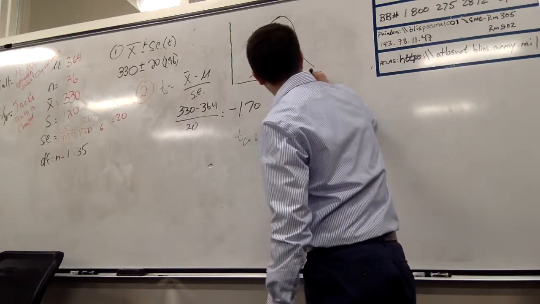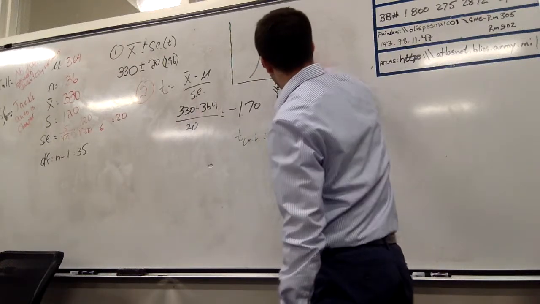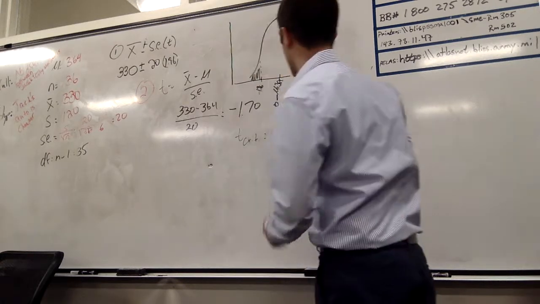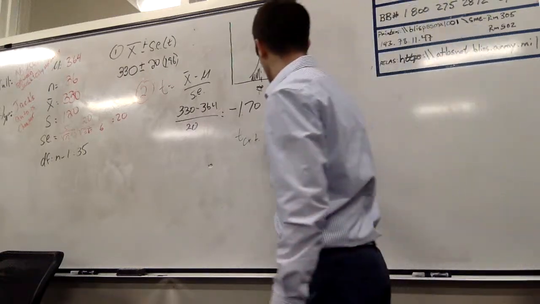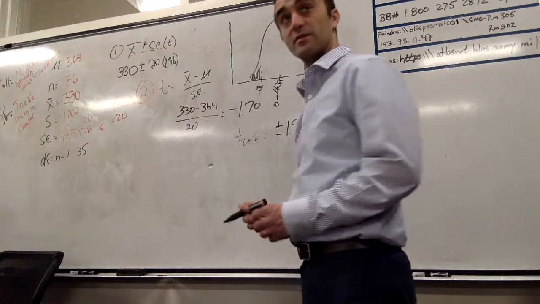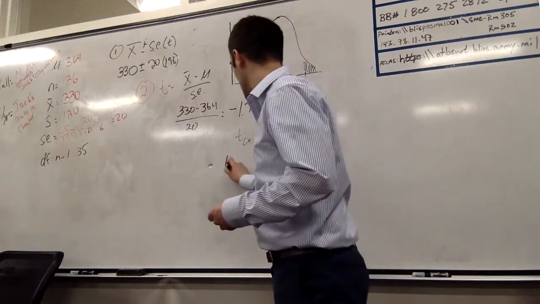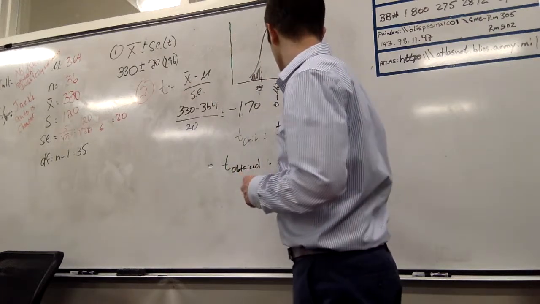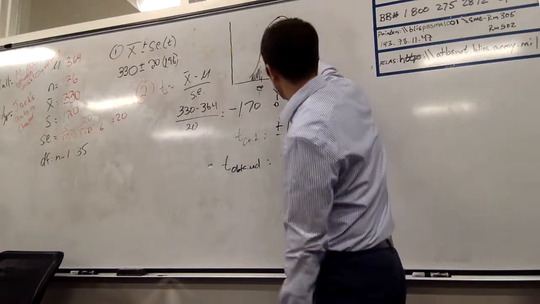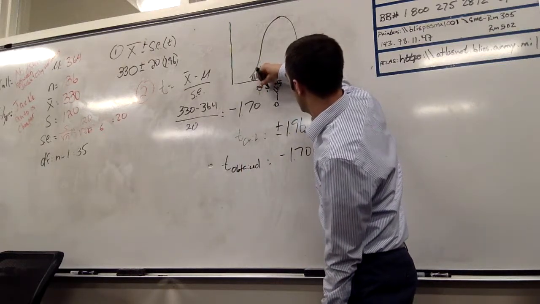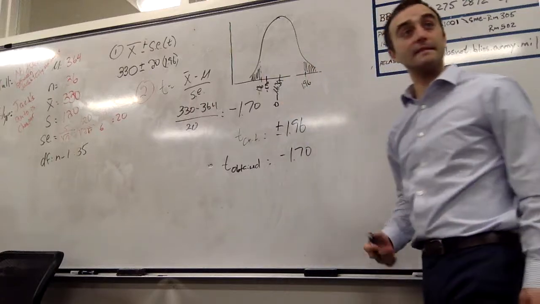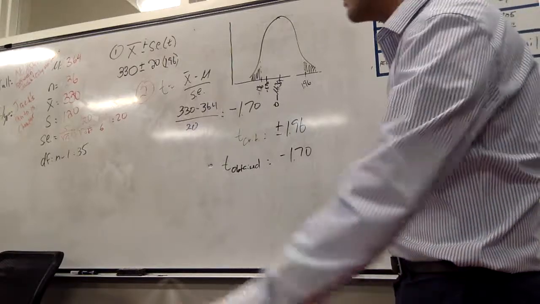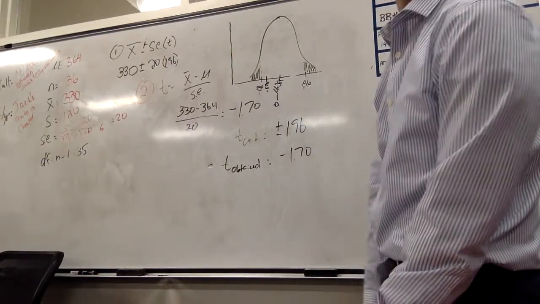So 1.96 off to the right, negative 1.96 off to the left. Our t critical is plus or minus 1.96 for that 95% statistical significance. Our t obtained is negative 1.70, which is in the white region. It does not meet or exceed negative 1.96, so same conclusion. Cannot be 95% confident that JAX is cheaper. Cannot reject the null.